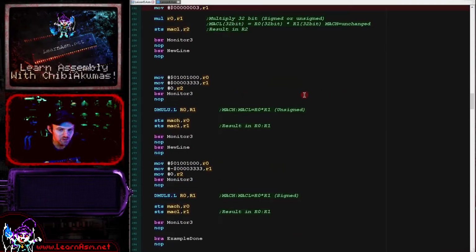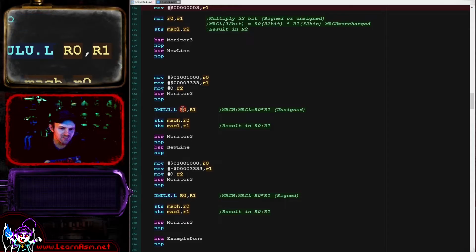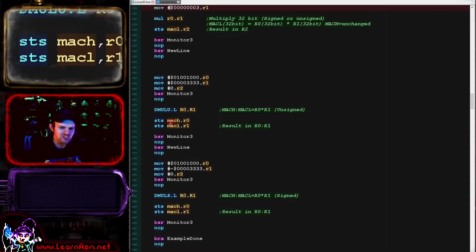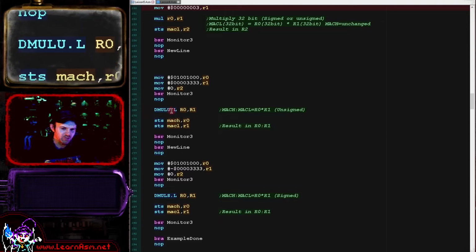Well, we can do what's referred to as double multiplication for unsigned or signed numbers. We're going to use DMULU, and we're working with 32-bit values here, so we're specifying long. This will multiply R0 and R1, storing the result in MAC-H and MAC-L. So this is going to multiply an unsigned 32-bit pair and give a 64-bit result.